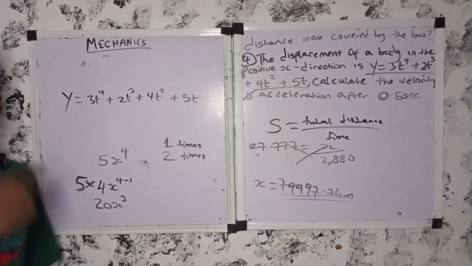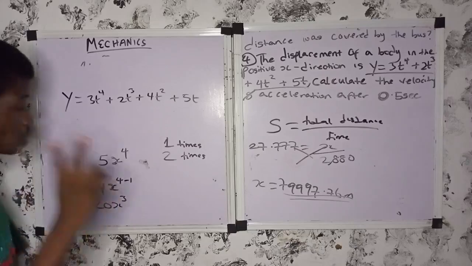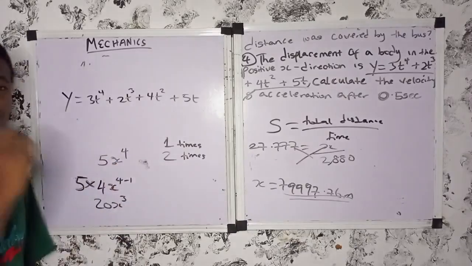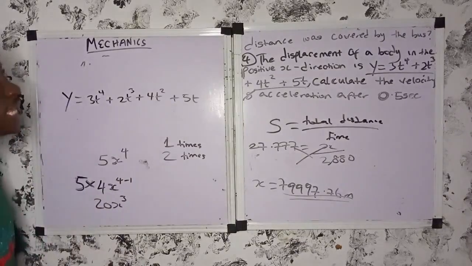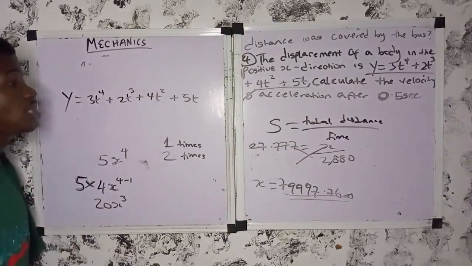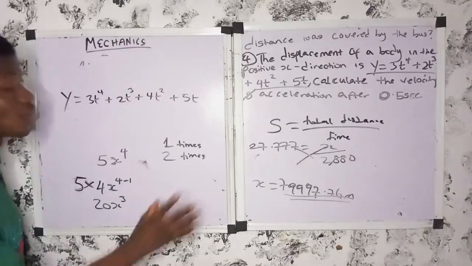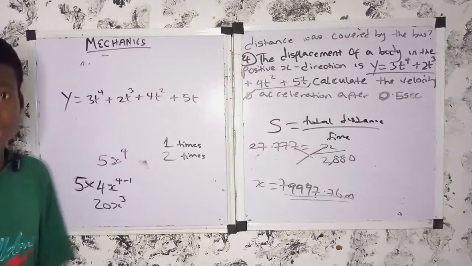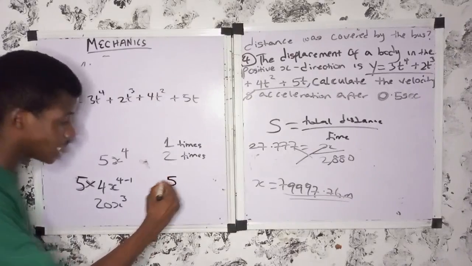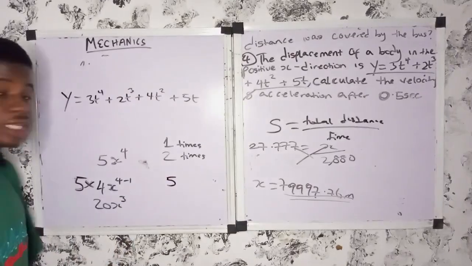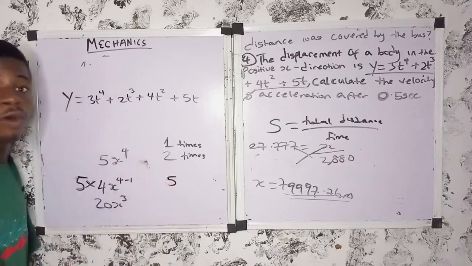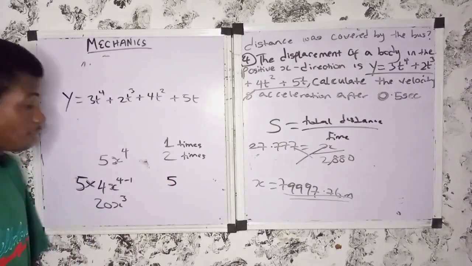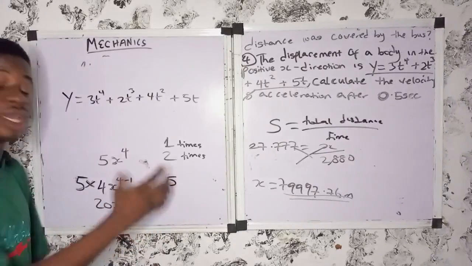Now I told you I'll tell you two things. Another thing is, if the value does not have a variable, like it does not have a letter, and they tell you to differentiate it, the derivative of a value standing alone is 0.